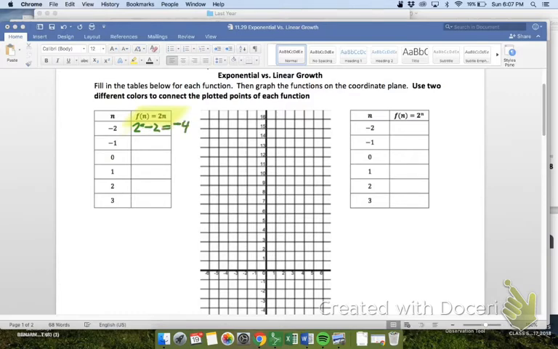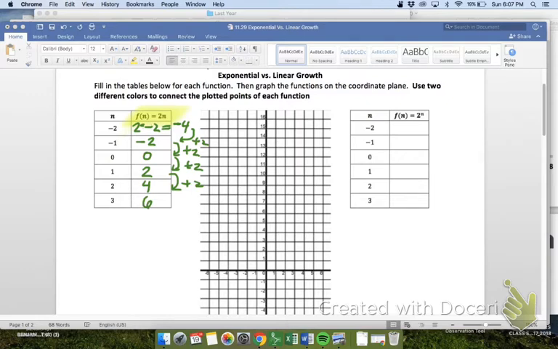F of negative 1 would be 2 times negative 1, which is negative 2. F of 0 would be 2 times 0, which is 0. F of 1 is 2. You could also think about this pattern recursively: if your slope is 2, each time you're adding 2. So whichever way is easier for you to generate the next term in the table, you can do it that way. So next we would have 4 and then 6.